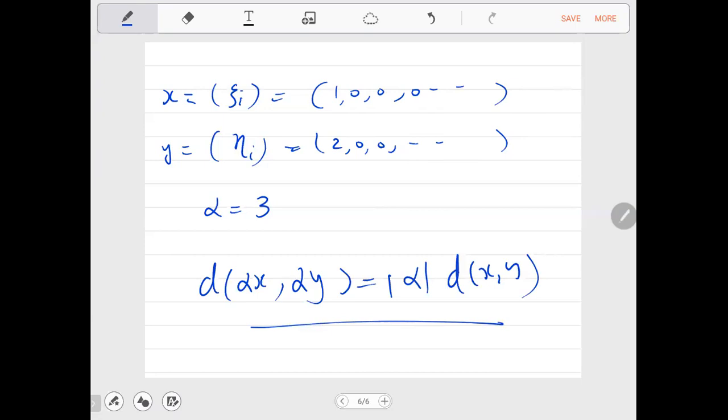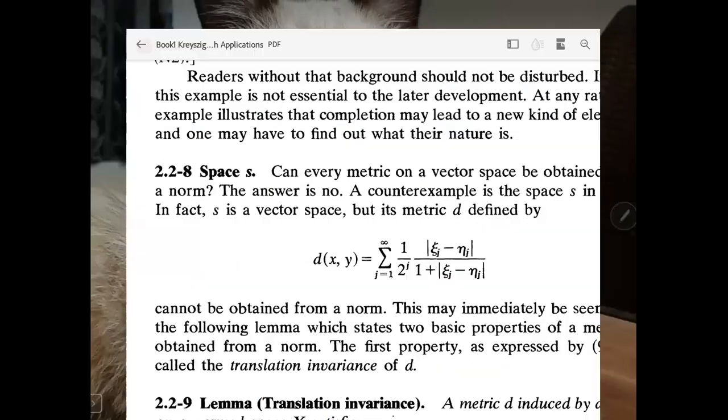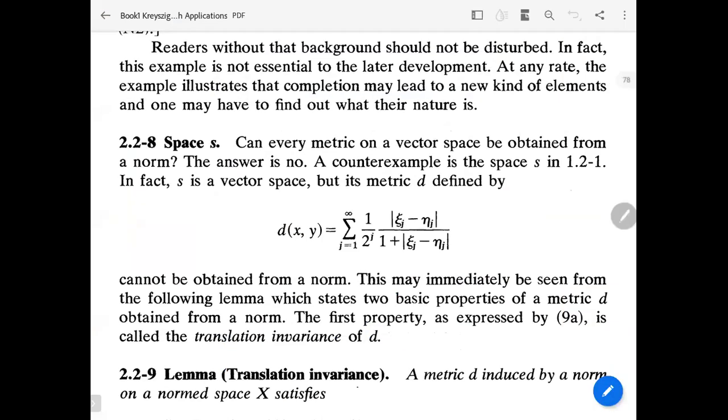You can find many examples to show that this d(x,y) by this formula on the sequence space is not a metric induced by norm, because it does not satisfy both properties. Maybe it satisfies one property, but it does not satisfy both.